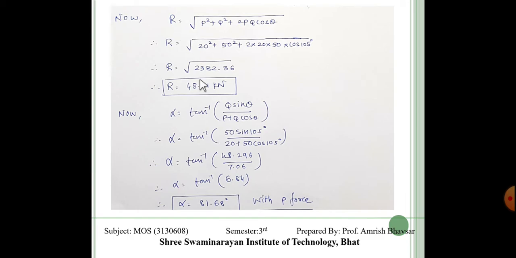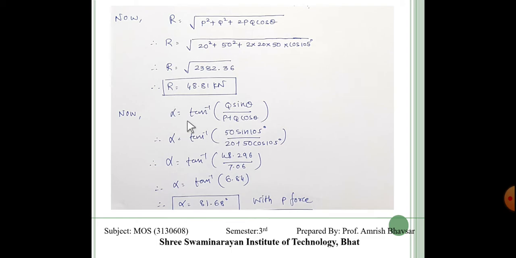R is equal to under root of P square plus Q square plus 2PQ cos theta. So R is equal to under root of 20 square plus 50 square plus 2 into 20 into 50 into cos 105 degree. Put the values in the calculator. So we will get R is equal to under root of 2382.36. So R is equal to 48.81 kilonewton.